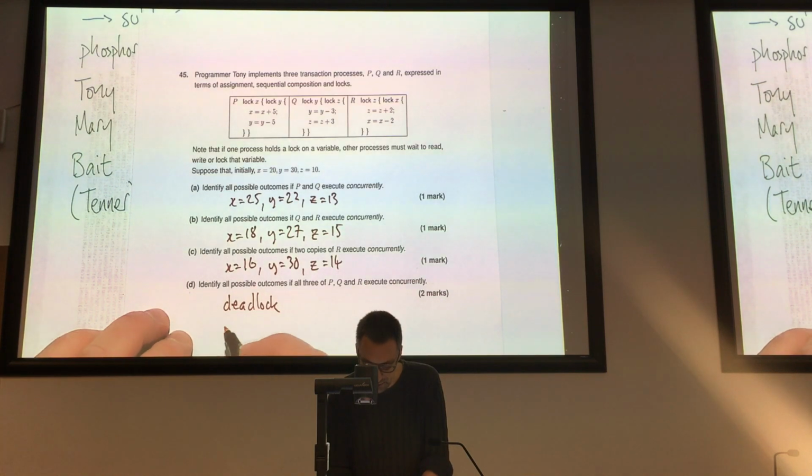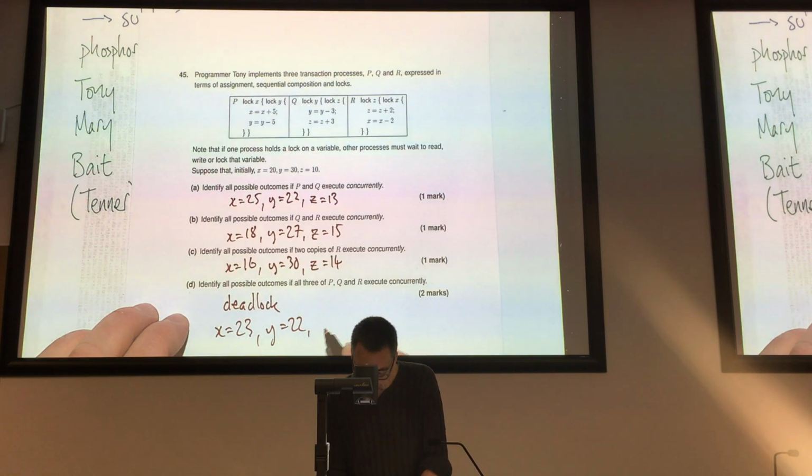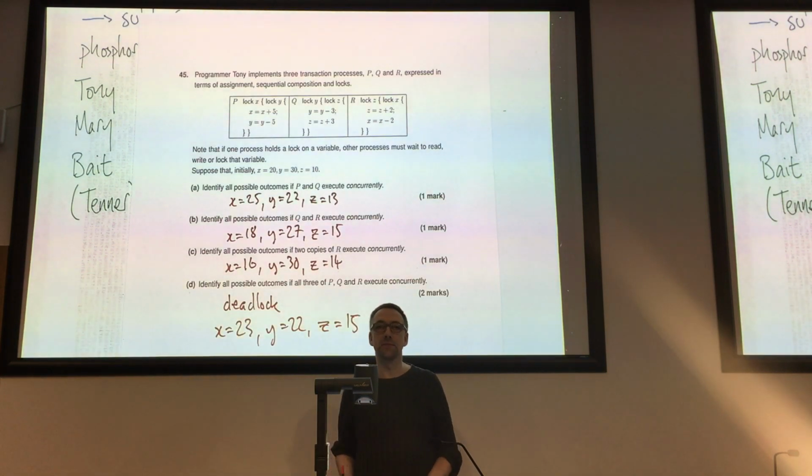So that means X will go up in a total of 3. Y will go down 5 and down 3, so Y will end up being 22. And Z will go up 3 and up 2, so Z will end up being 15. So both of those are possible.